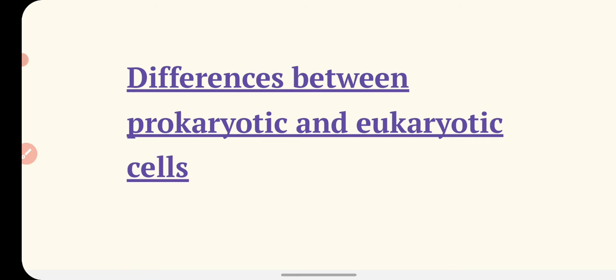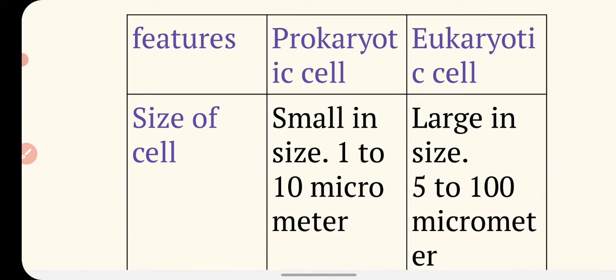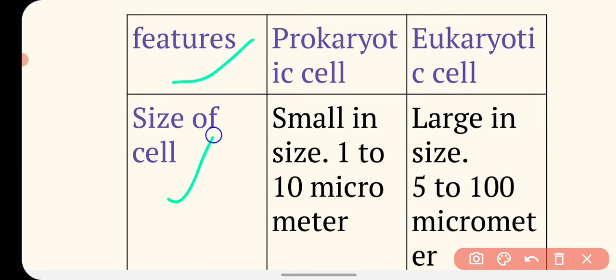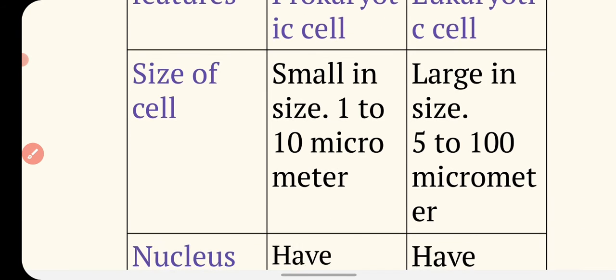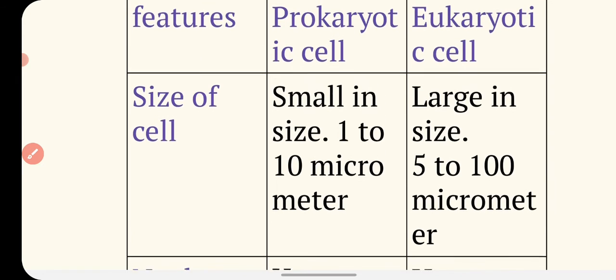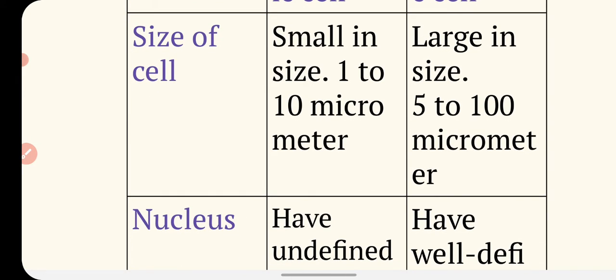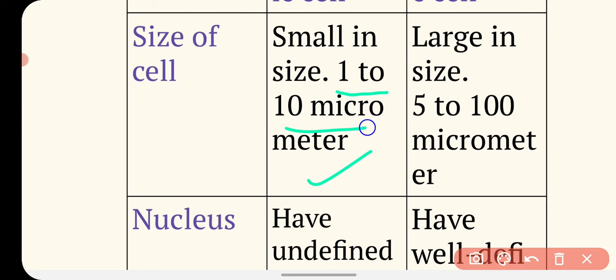Now we will see the differences between prokaryotic and eukaryotic cells, and here is the table. These are the features on which we will differentiate them. First, the size of the cell: prokaryotic cells are smaller and measure from 1 to 10 micrometer, and eukaryotic cells are larger and measure from 5 to 100 micrometer.